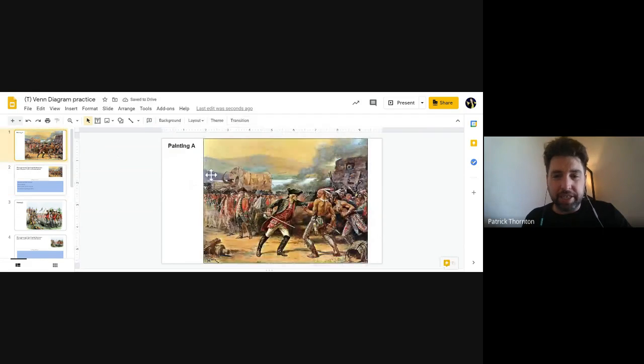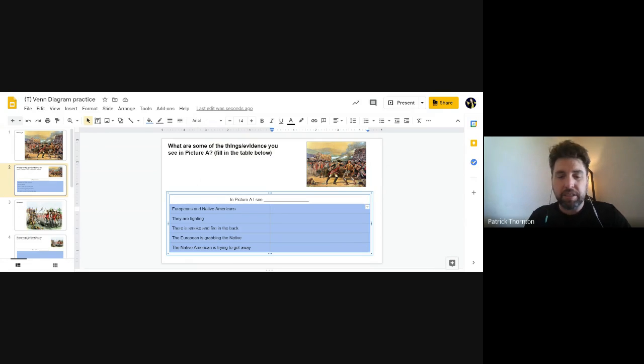It looks like he's trying to get away from this guy. He's moving away from him, right? And he's got a sword, so it looks like he's going to do something maybe dangerous, right? I would say the European looks like he will hurt the Native American, maybe.